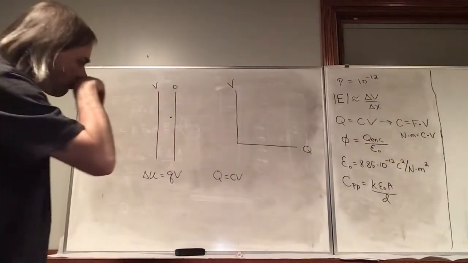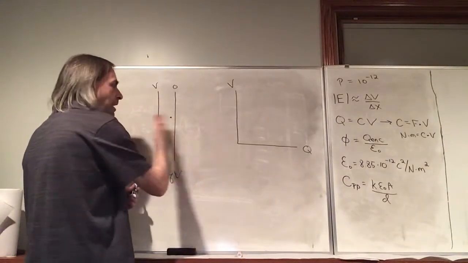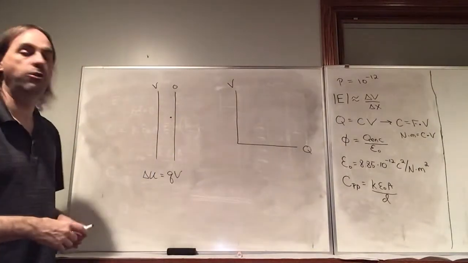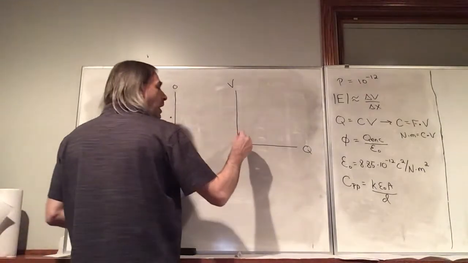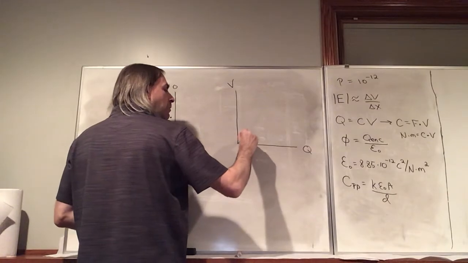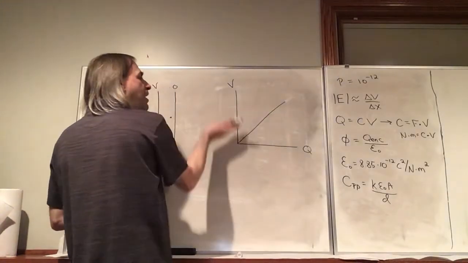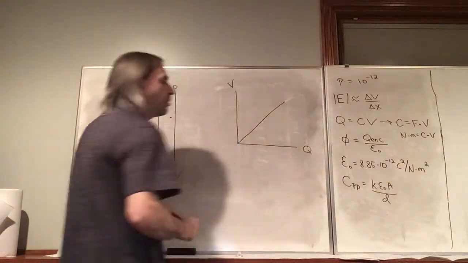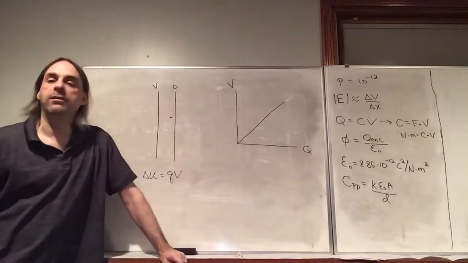We start at 0 voltage where there's not going to be any charge because they start off neutral. So we start with no potential difference, charge is 0. The more we increase the voltage, the more charge is going to build up on the plates.